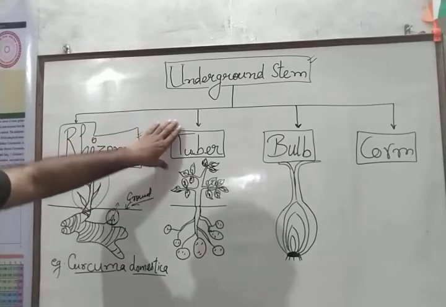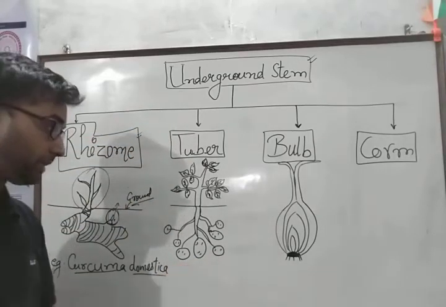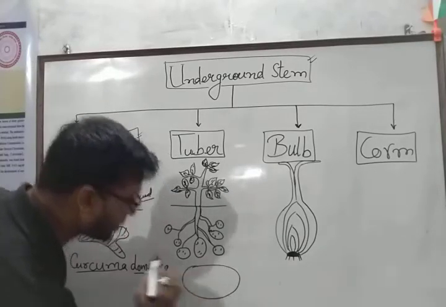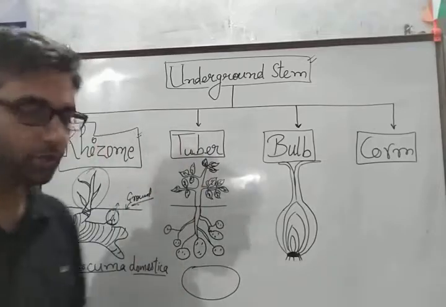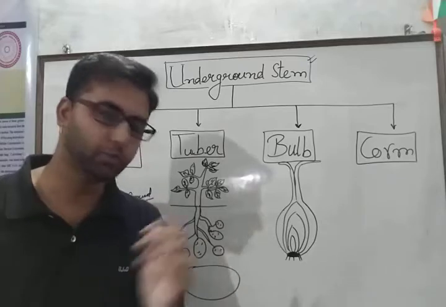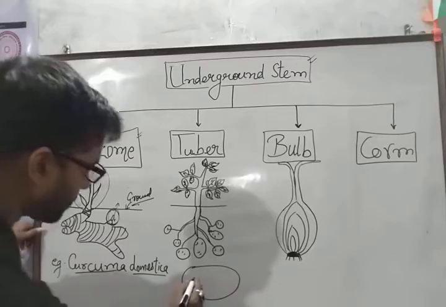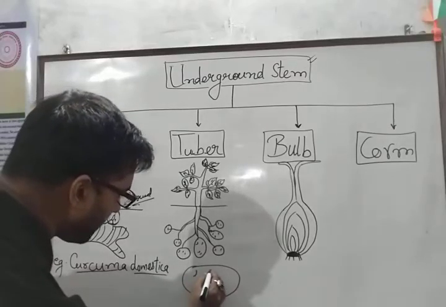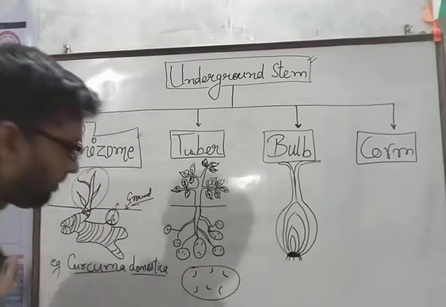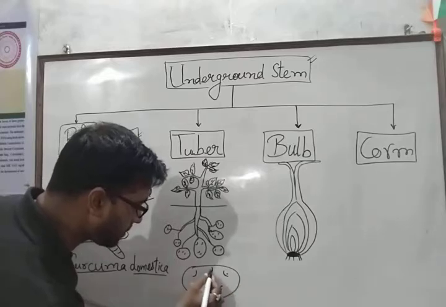Now next is tuber. Tuber is another modification of the stem. The best example is Solanum tuberosum, that is potato. In Solanum tuberosum, the underground part has some special structures at the nodes.